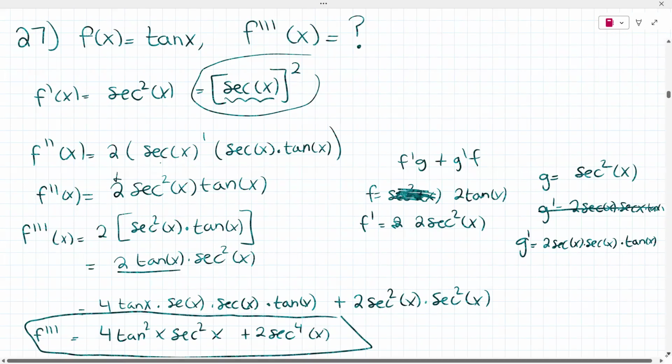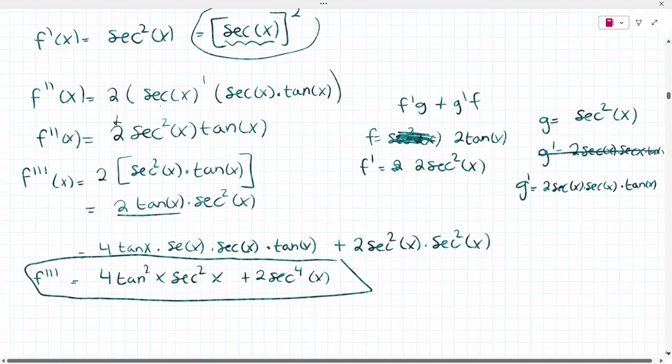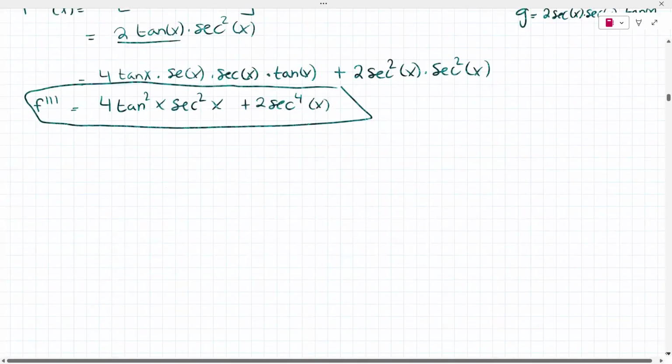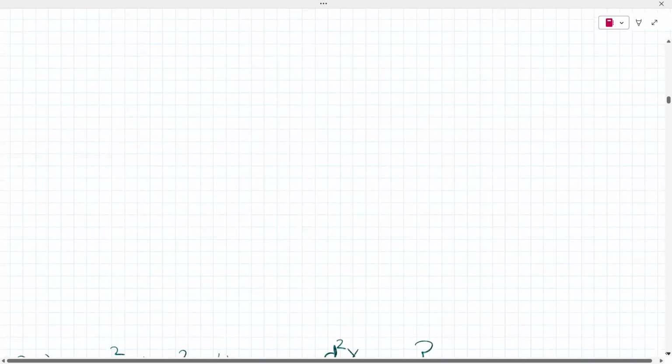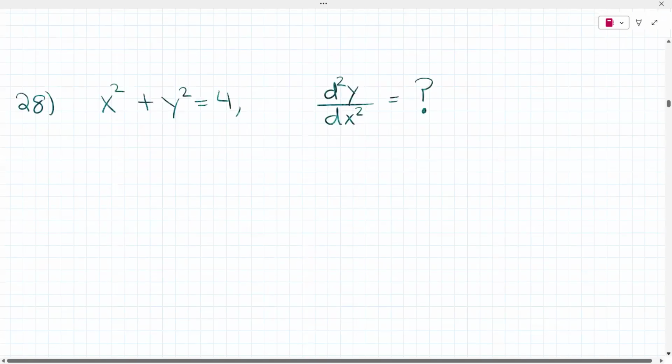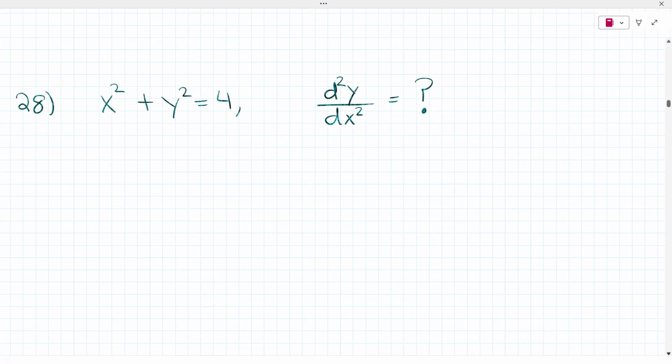Okay, let's move on to 28. So in 28, we have x squared plus y squared equals 4, and we have to find the second derivative implicitly.